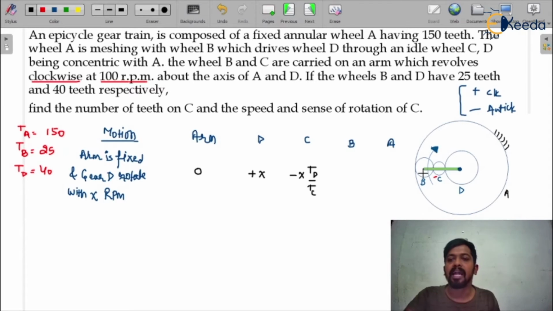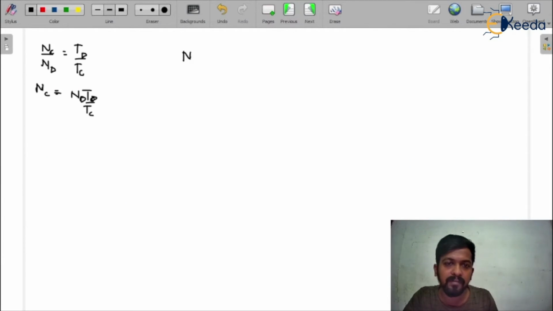Okay, and since B and C both are in meshing, in the similar way we can find out the speed of the gear B, that is NB upon NC is equal to TC upon TB. And we all know the NC value is this.